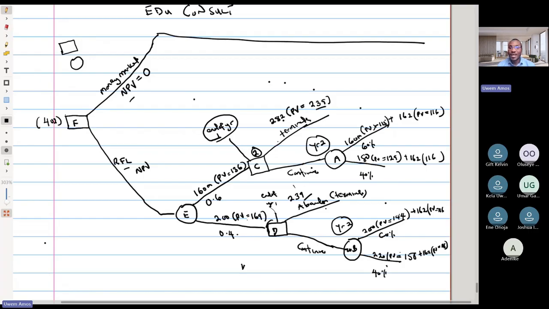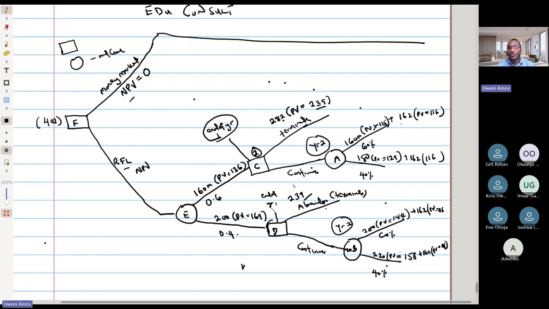You can decide to terminate or abandon the project and receive 282 million, present value 239. Or you can choose to continue the project. If you choose to continue, these are the outcomes, and that's why we designated it in a circle here. You might have 160 million, you might have 180 million.